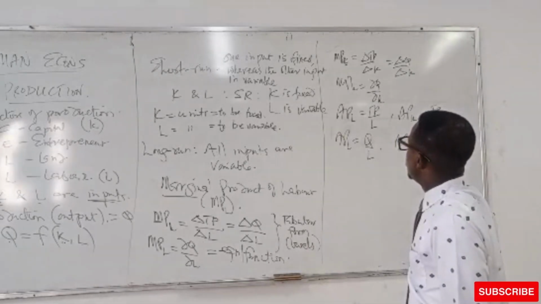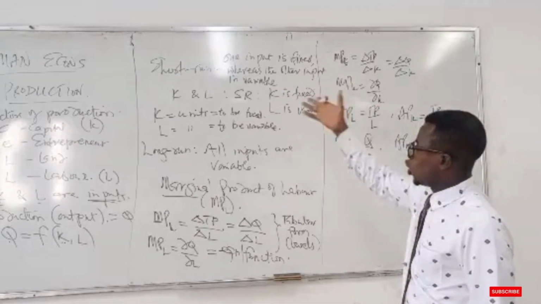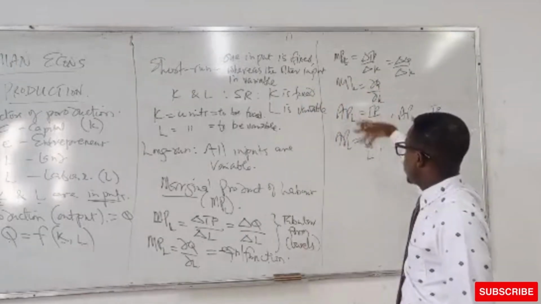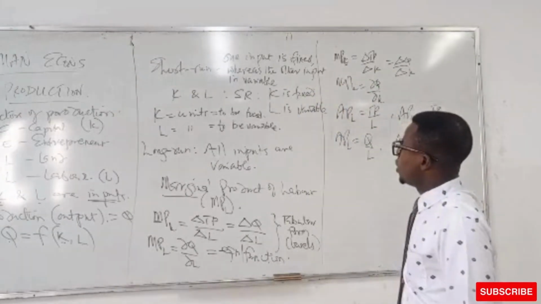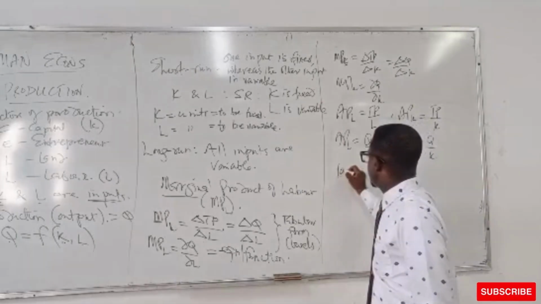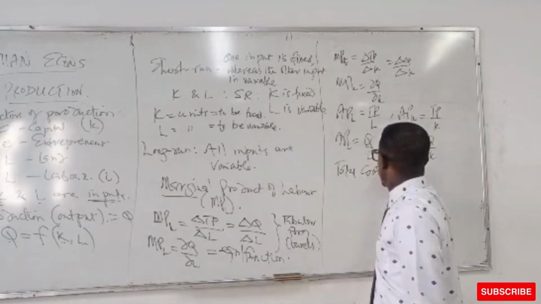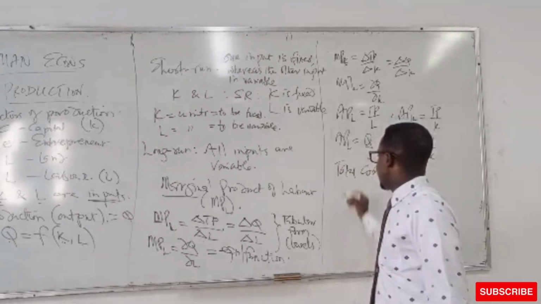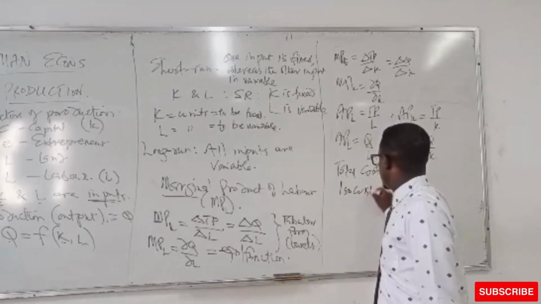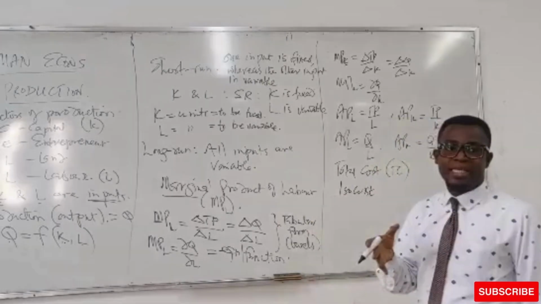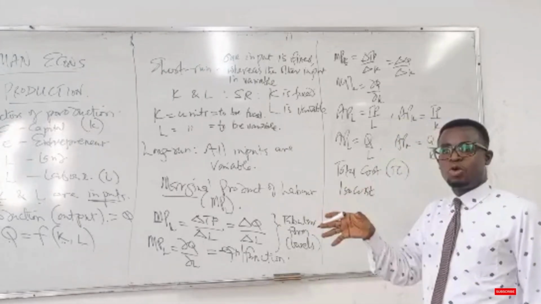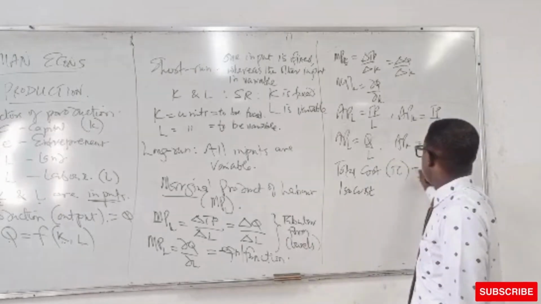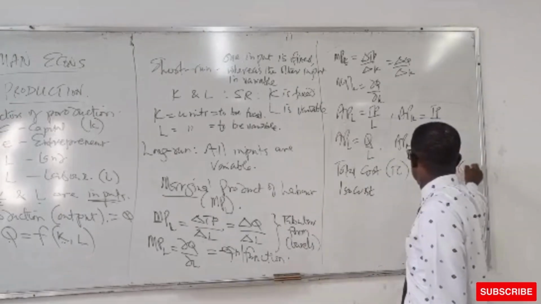Now, we've looked at the short run, we've looked at the long run, we've looked at all these equations. We'll also be looking at what is called total costs, given by the function TC. Now we are looking at what is called isocost. In the isocost concept, we are not actually applying the actual formula for total cost, which involves fixed cost plus variable cost per unit.